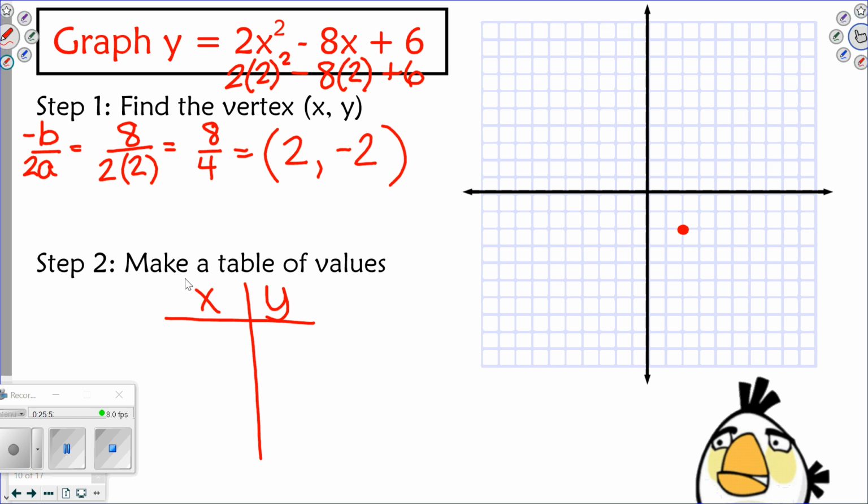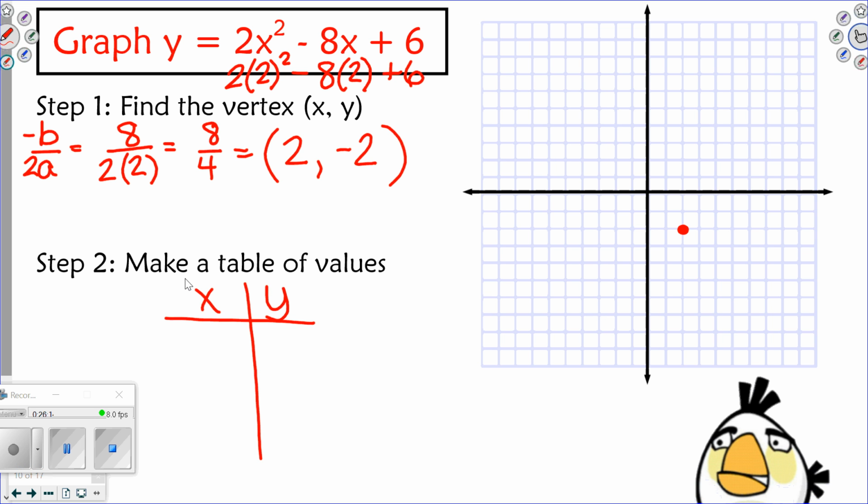Off my graph, right? The further away they are from the vertex, the further they are away from the graph. Like if I would plug in like 10 for x. Think about that. 2 times 10 squared. What's 10 squared? Times 2. Oh, my numbers are getting big real fast, right?